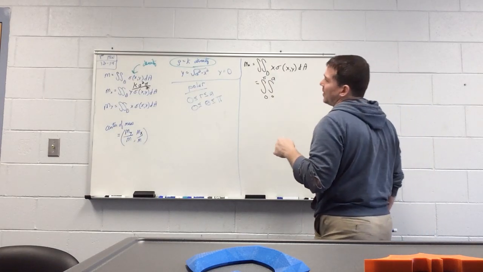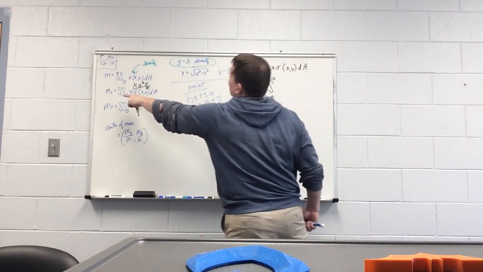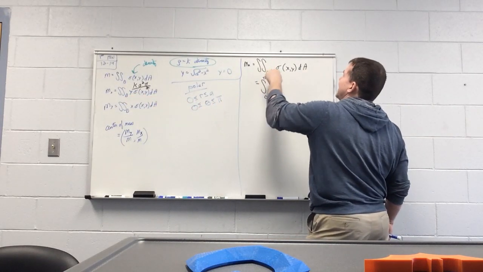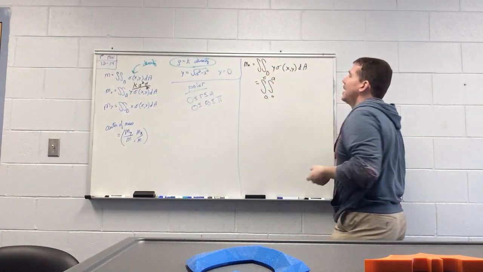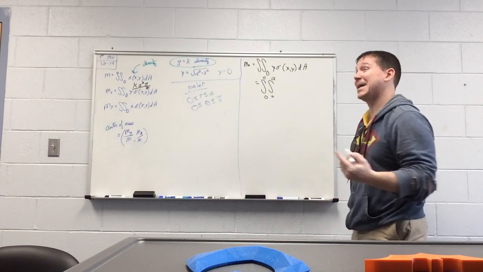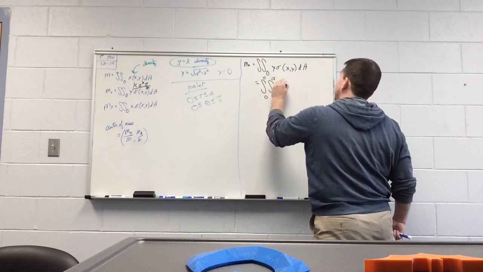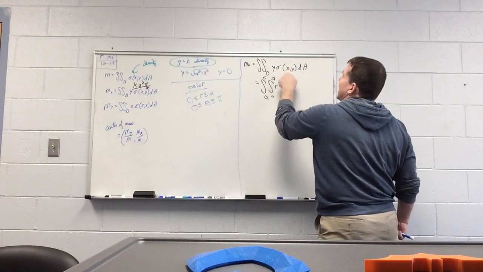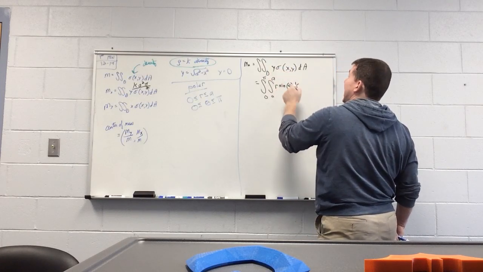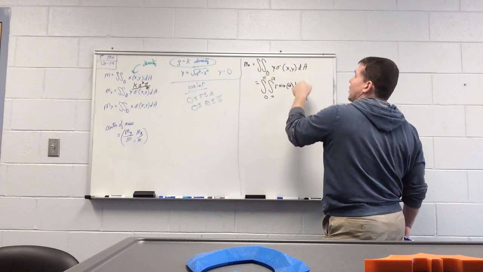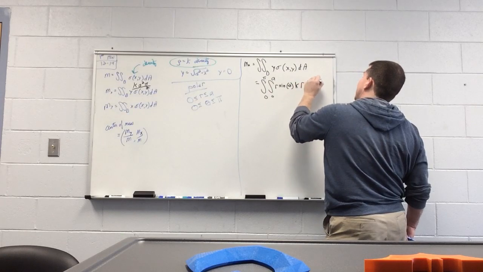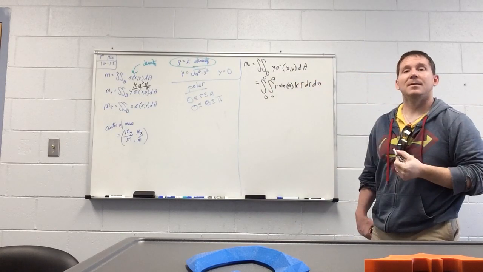So in terms of polar, and I'm sorry, I'm doing m sub x first. So y, I got the two flipped in my head. y in polar is r sine theta. So that's r sine theta times my density function, which is k, times, again, the conversion factor r, dr d theta.